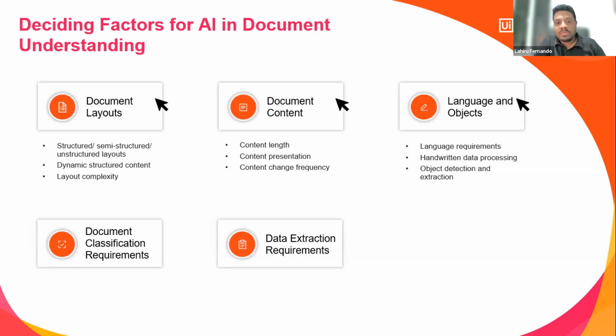And do we have any object detection requirements, like identifying a stamp or something like that from the document? Because I remember someone asked a question like that in yesterday's session, I think, about how to detect certain objects in a document. In such cases, you might need to use an object detection model. So these are all the little things we need to look at to figure out what AI capabilities we need.